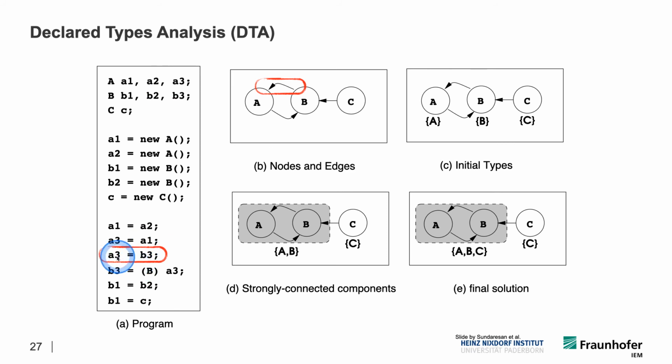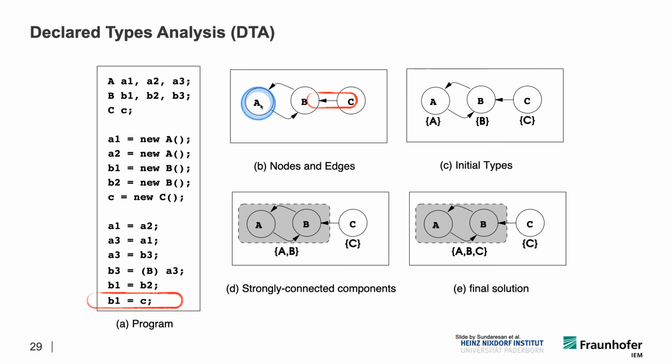But because of this assignment, we have an edge from B to A. So we just encode that there is some variable of declared type B being assigned to some other variable of type A. And we do that for all the assignments. We have another one here that gives us this edge, and another one there that gives us this edge.